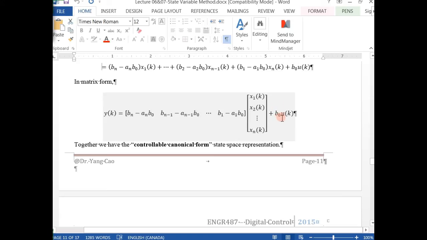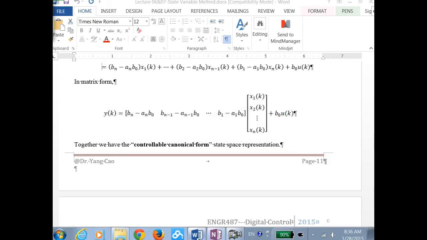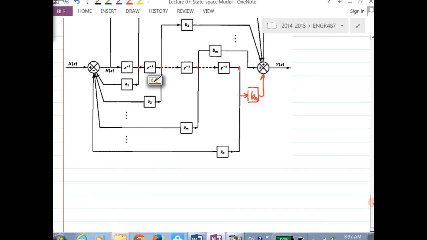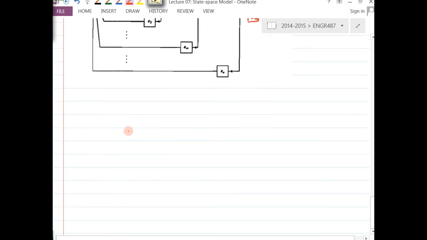So what if, as Dean is asking, your numerator has a higher order than the denominator? What you can imagine is you have a numerator over the denominator, but the order here is higher than this.